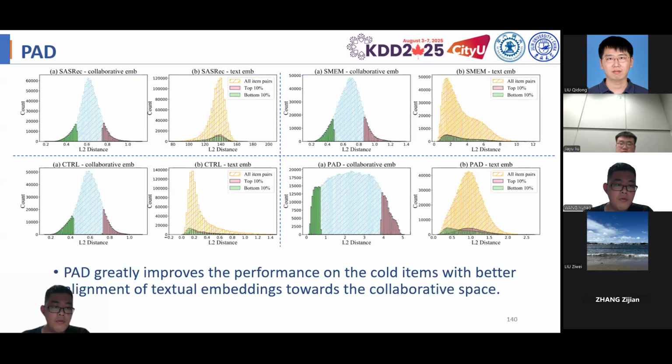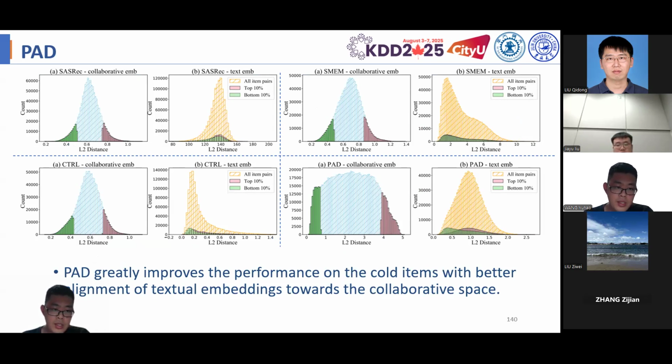Moreover, we also plot the L2 distance of each behavioral and target item pair in the collaborative and textual modality. We plot the results for three baseline methods and our proposed PAD. The results are shown in the right part and the bottom part.